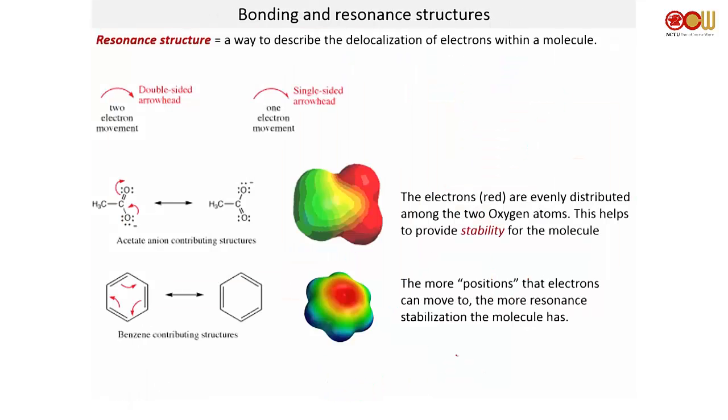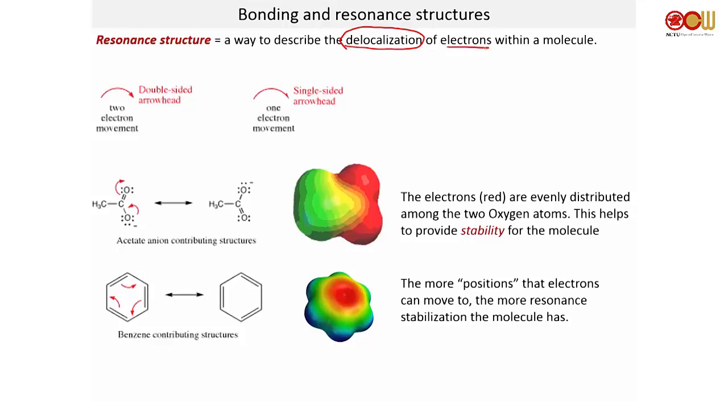Resonance structure is a way to describe the delocalization of electrons within a molecule. So we will spend a little bit of time talking about mechanisms, like reaction mechanisms, meaning nasty arrows flying around. People hate that, I know. This is a chemistry class, okay?